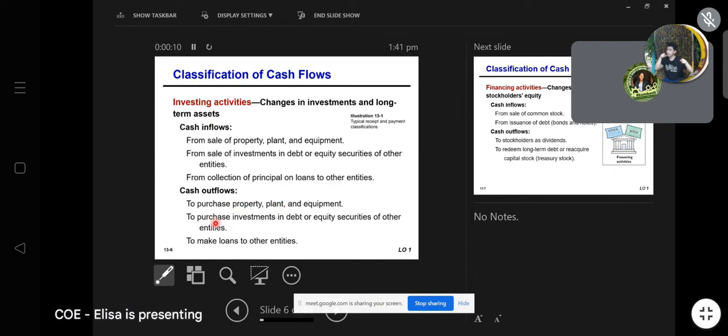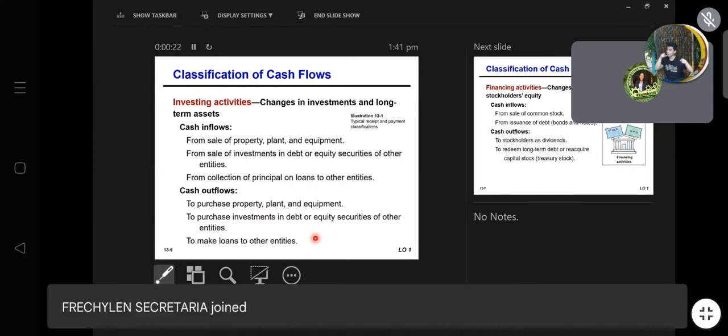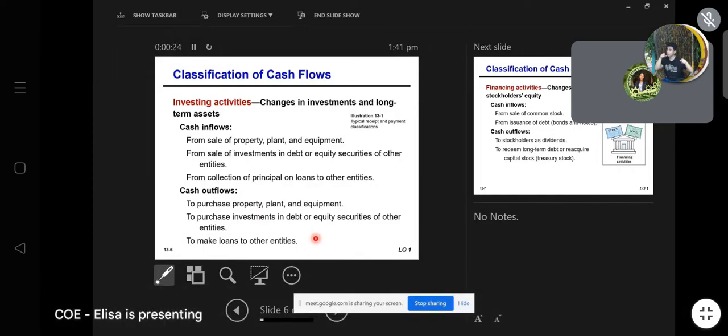Purchase of property, purchase of investment, then make loans to others: these are investing activities. The interest that you receive, ang interest lang ha, will be considered as operating activities inflow.